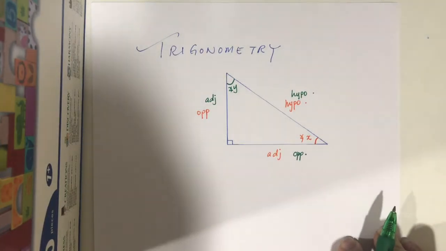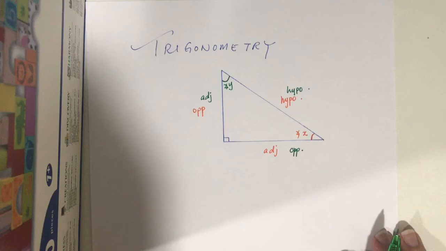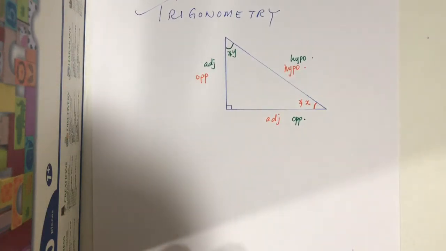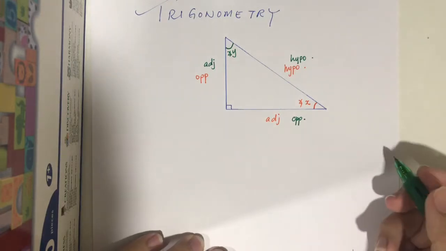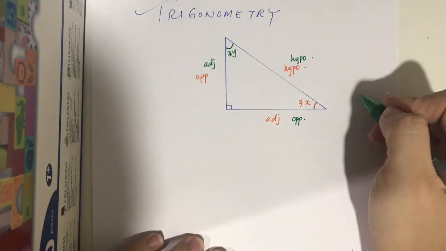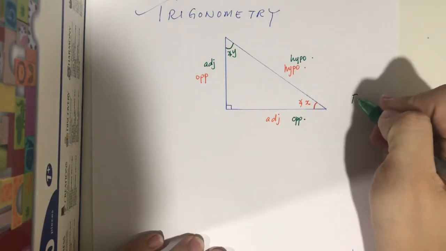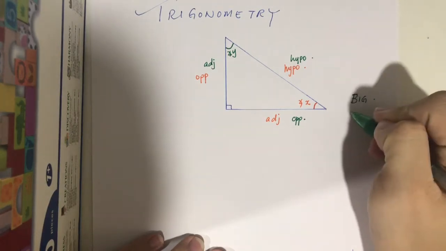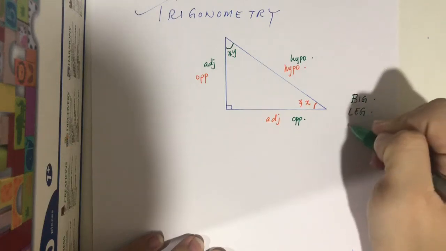Okay, so this is the concept that you have to get correct. Once you are clear of this, the next thing will be the formula. The formula in Chinese saying is "big leg auntie".